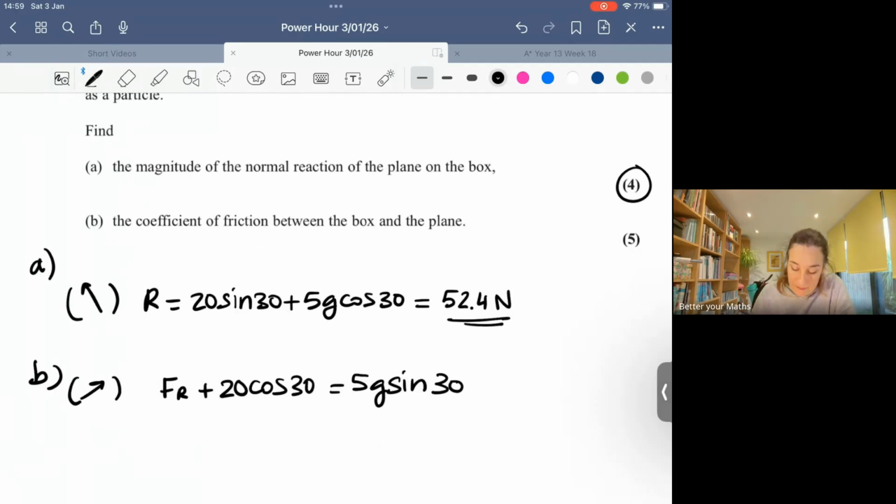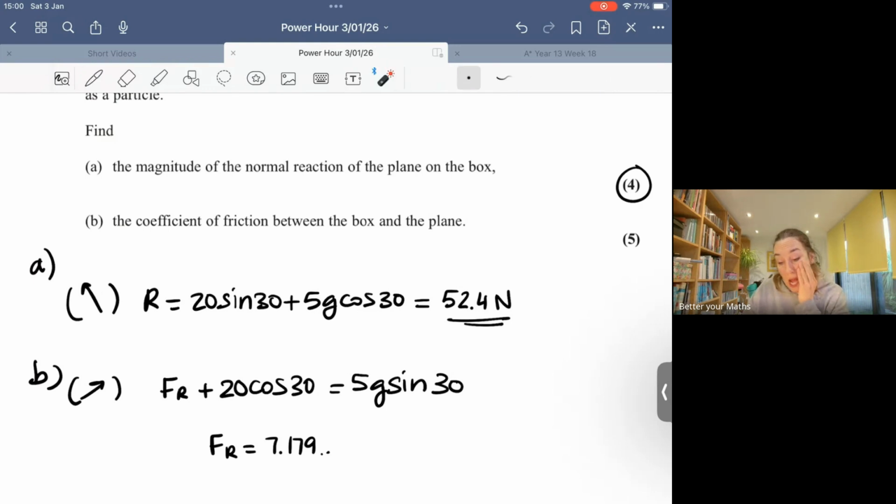Just equilibrium. Friction is going to be equal to, let's see what we get. I get 7.179 something. That's the friction.